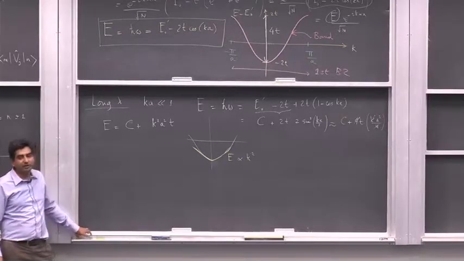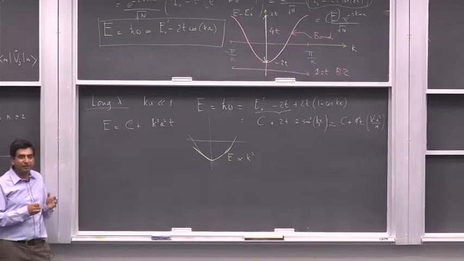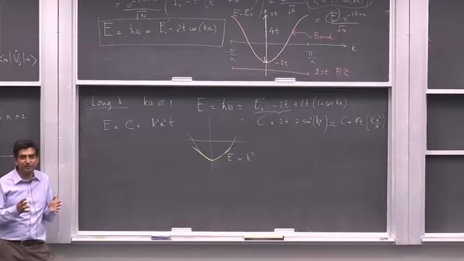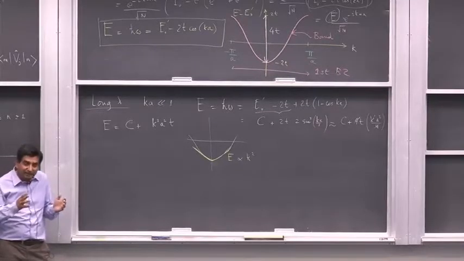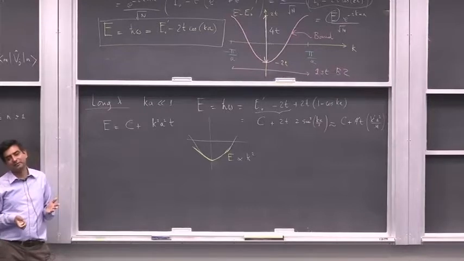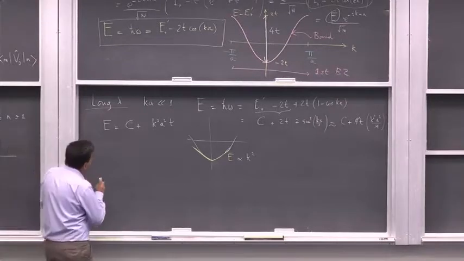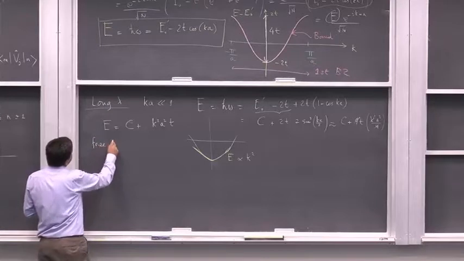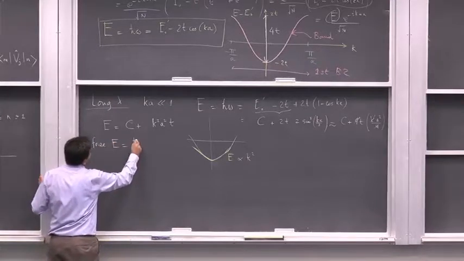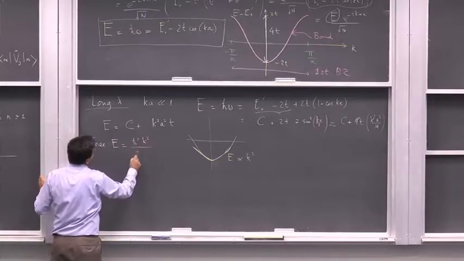Since it's parabolic, you might assume that you can treat electrons to be free electrons, because free electrons live in parabolic bands with a changed effective mass. We know that for free electrons, the energy is h bar square k square over 2m.